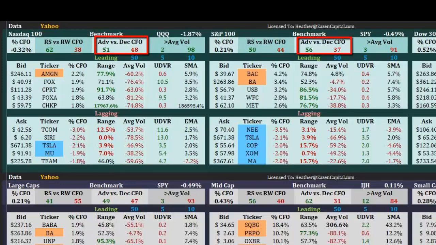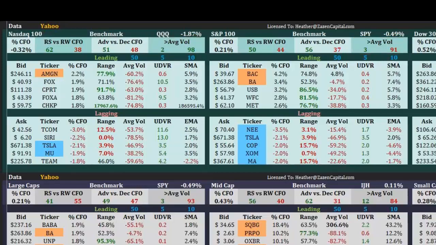Or if one of those categories is strongly outperforming and the whole basket is moving with it, you can look at the above or below average volume numbers to help you zero in on a category that might provide the best opportunities for the day.